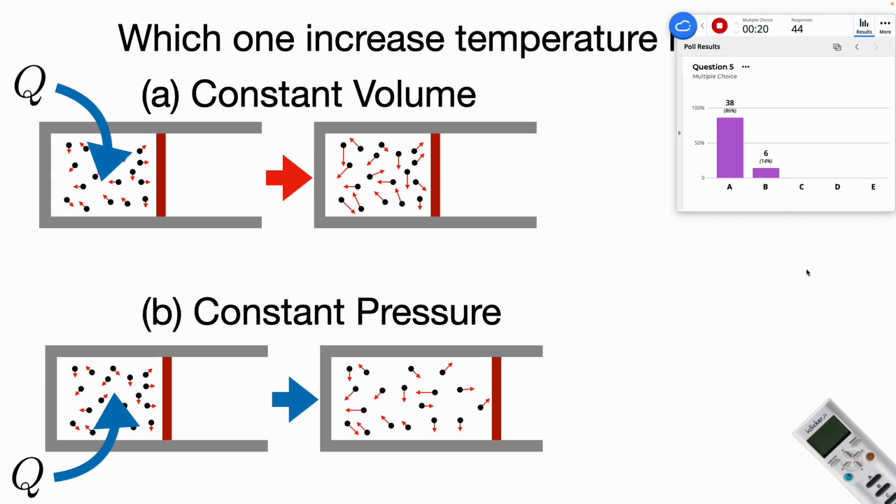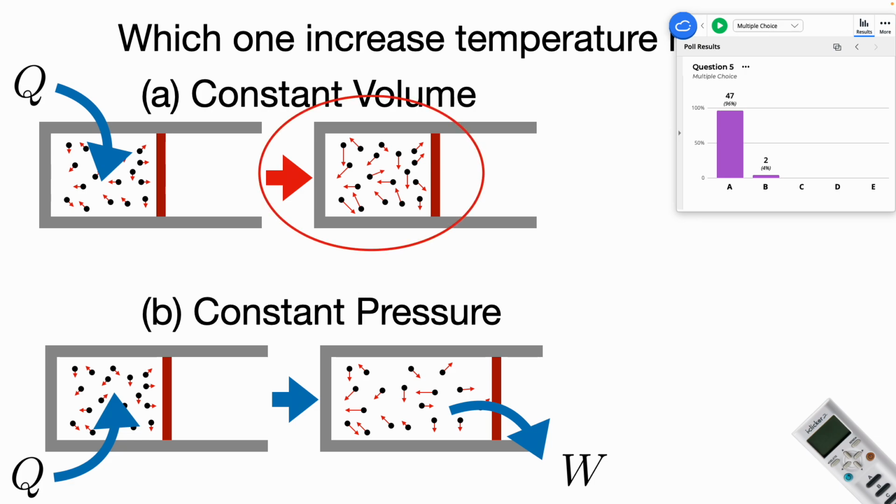So if you add the same amount of energy by heat, but one loses energy by work and the other one doesn't, the temperature, meaning the energy of the gas, will end up differently. In this case, because the work flows out, the energy of the gas is not the same as heating isochorically. So at the end, the isochoric process will have a higher temperature if you put in the same amount of heat. Okay?